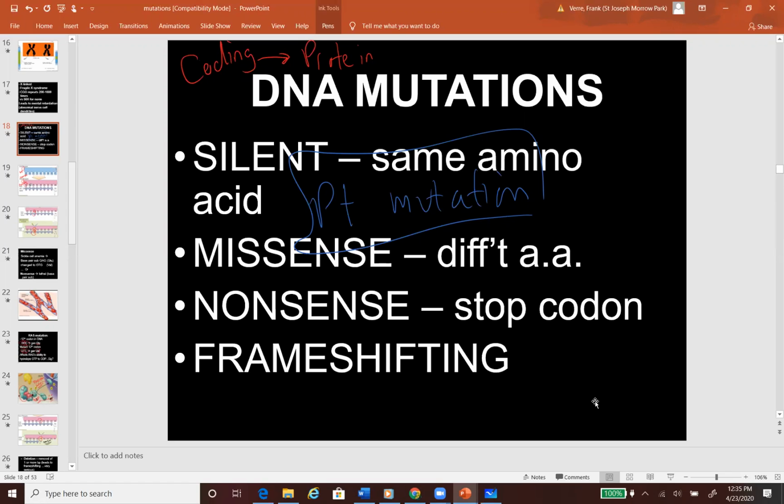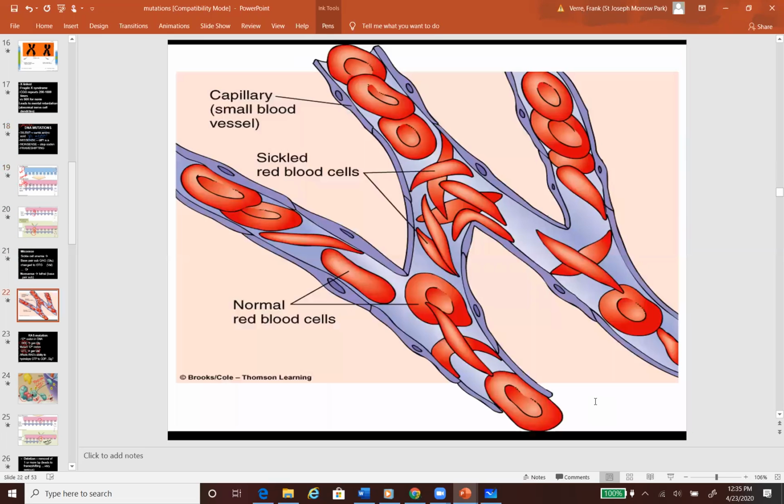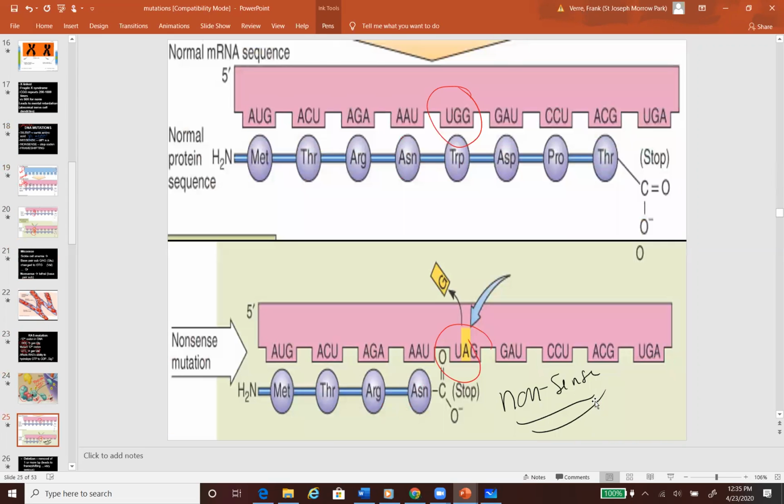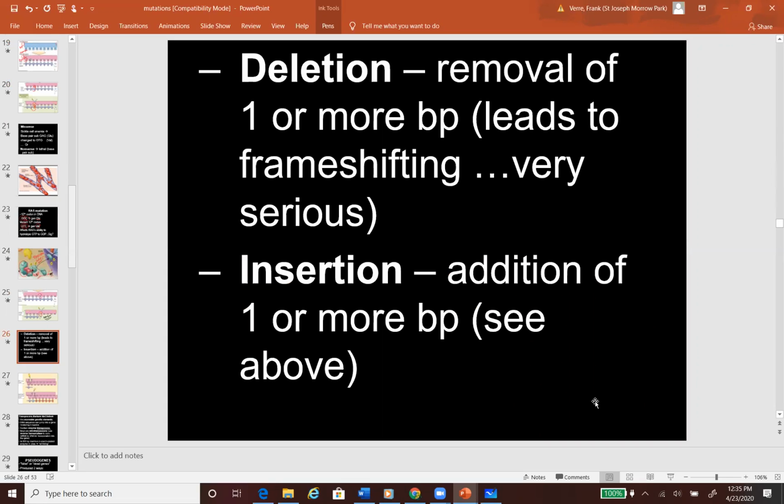But the next one, you may have seen something that looks like what I'm going to show you, something called frame shifting, okay? And this happens when you get either an insertion or a deletion of a letter, or maybe two letters. It doesn't have to be one.